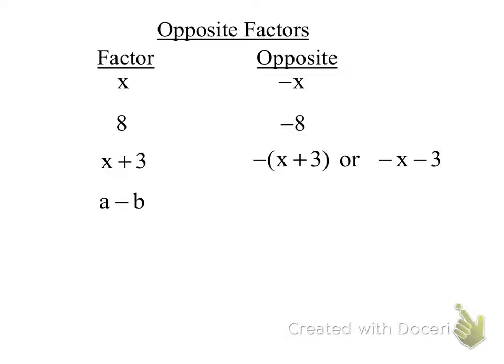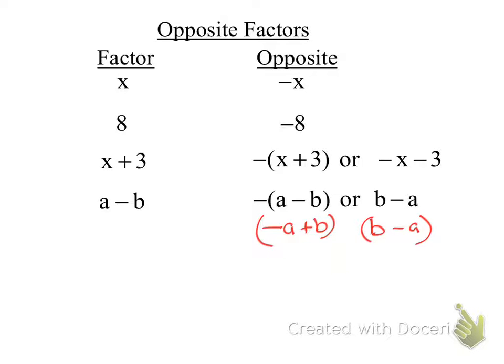Or can't we call it b minus a? Yeah, but that would be switching. It doesn't matter if you switch the places. If I'm making the negative a plus b in the binomial, I can switch within the binomial to b minus a. You with me? Yeah. Okay, so let's get used to trying to do that.